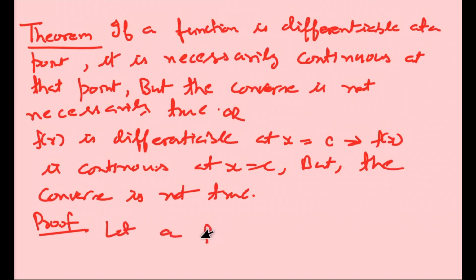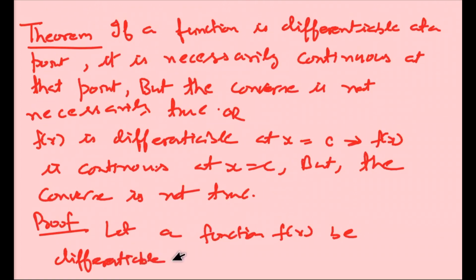Let a function f(x) be differentiable at x equal to c. Then we can say limit x tends towards c, (f(x) minus f(c)) upon (x minus c), which is y2 minus y1 upon x2 minus x1. This is the slope.